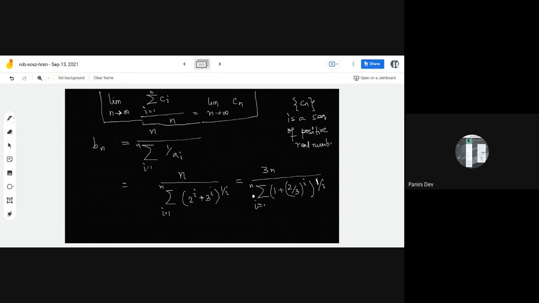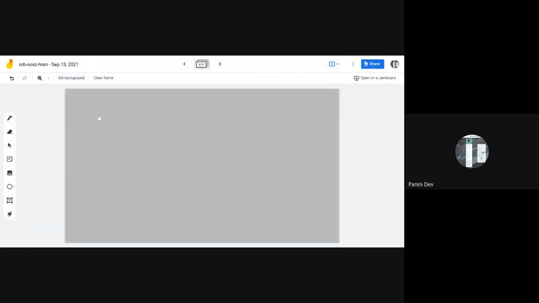If I take n in the denominator, since everything is bounded above and below, we are left with something like this: 3 by the summation of 1 plus 2 by 3 whole to the power i, to the power 1 by i, i equals 1 to n, divided by n.